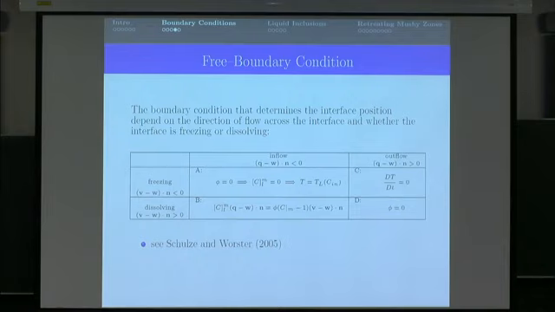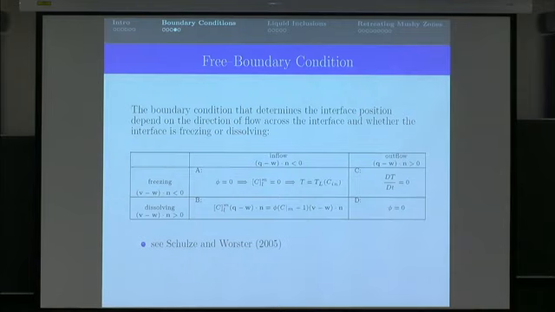This condition simplifies in two cases. When the interface is freezing, but you have inflow into the mush, we've already said that on freezing interfaces, the solid fraction is 0 because of considerations about characteristics. And so the right-hand side of this equation vanishes, and you just get continuity of the concentration, but for a different reason than you might have it otherwise. If you want, you can recharacterize that boundary condition in different ways.